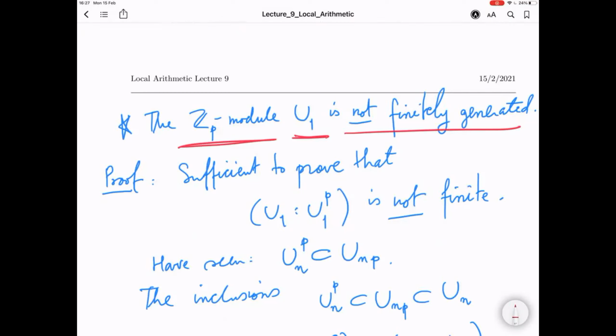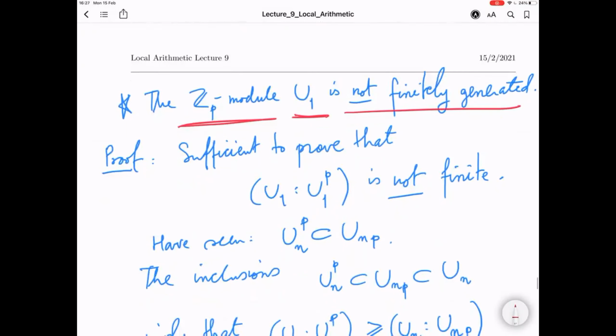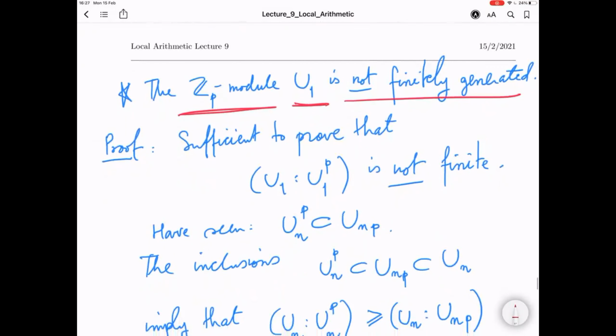So how do I show that it's not finitely generated? It's enough to prove that this index is not finite, because if it's finitely generated, this index would be easily calculated. I mean, you can easily see that this index is also going to be finite. So this is what we are going to prove, that the index is not finite.